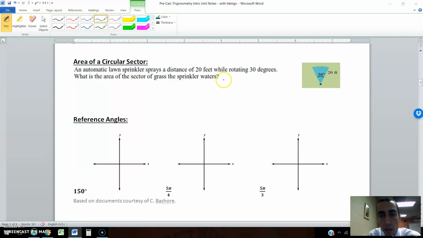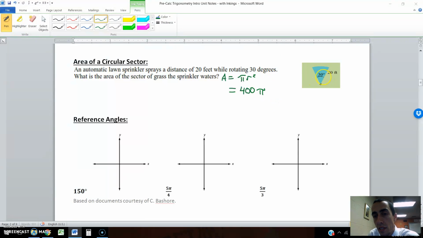Now let's remember what the area of a full circle would be. If this went an entire 360 degrees around, we'd find the area using pi r squared. So if this were a full circle, we would do r squared, 20 squared times pi. And so the area for the full circle would be 400 times pi.